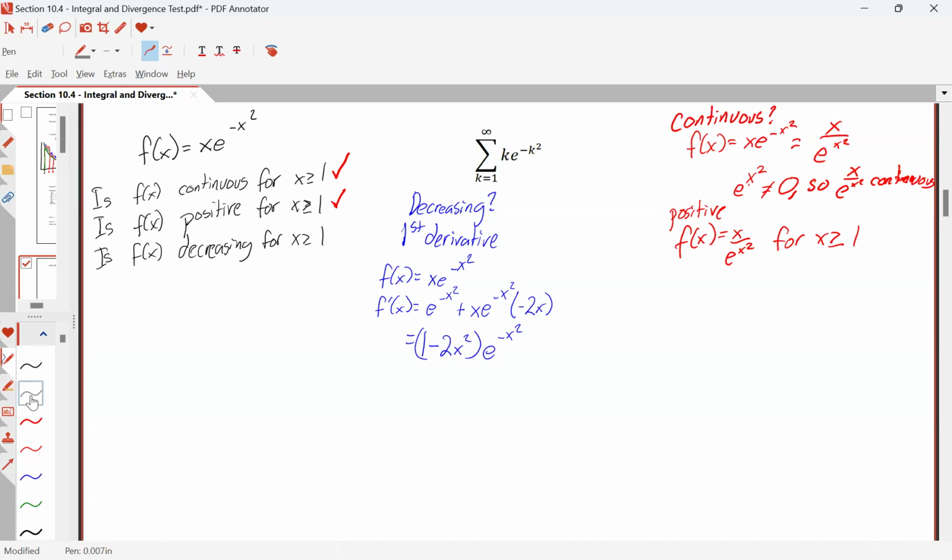Where f prime of x equals 0 is when 1 minus 2x squared e to the negative x squared equals 0.